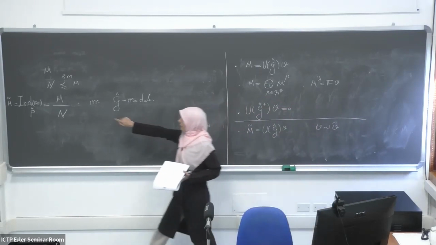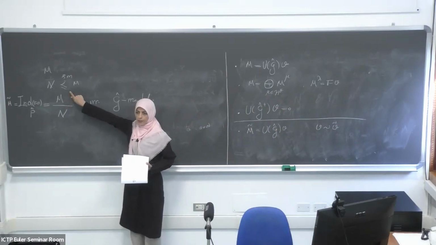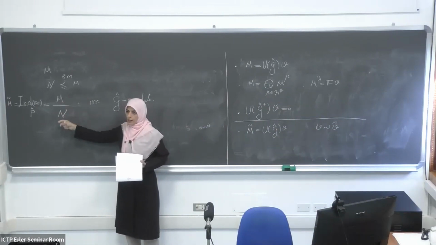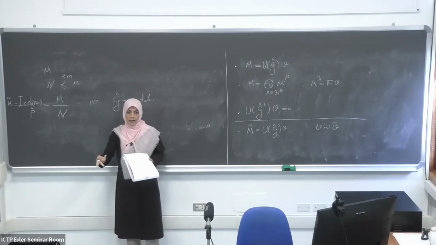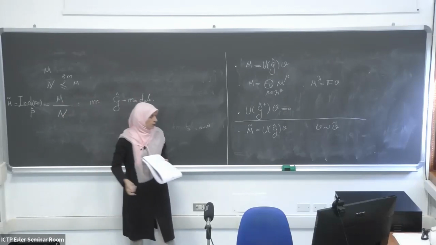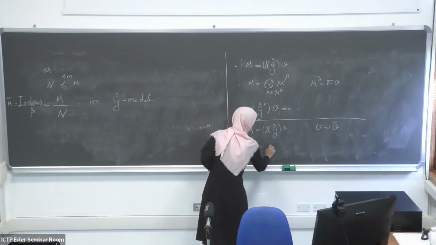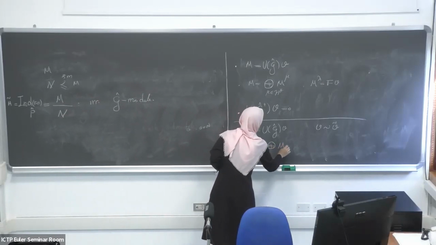As M has a vector space decomposition, we get that N, which is a submodule, has a vector space decomposition, and then the quotient has a vector space decomposition. So M tilde also has a vector space decomposition.